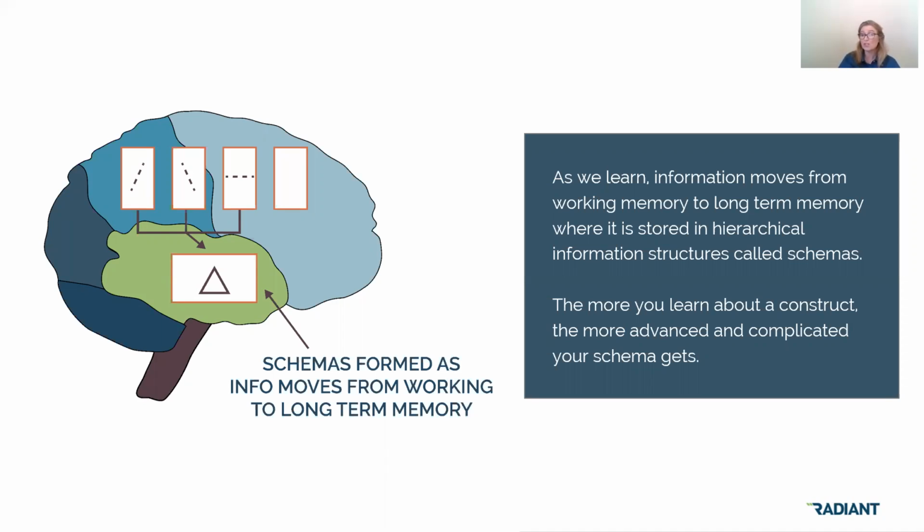But stored as a schema, it can be pulled into working memory and still only take a single slot. The whole complicated schema takes up just one slot. This is really important to remember.